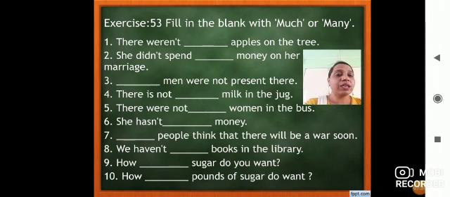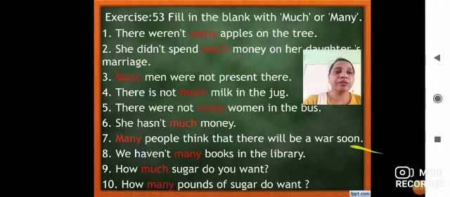Okay. Now number 9. How much sugar do you want? Sugar is uncountable, so before it you will use much. How many pounds of sugar do you want? Here pounds of sugar can be counted, so there you will use many.